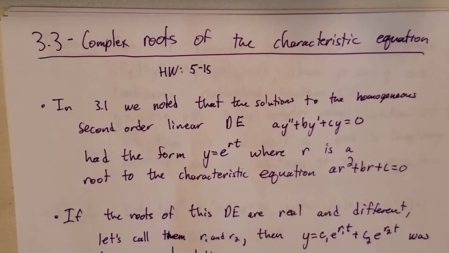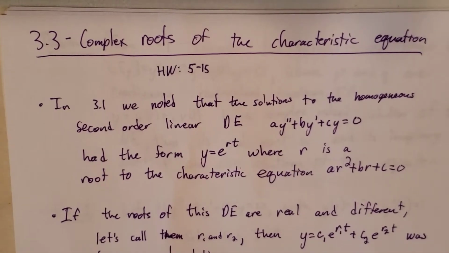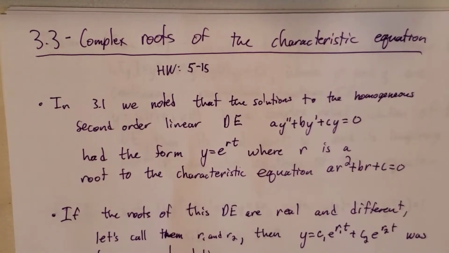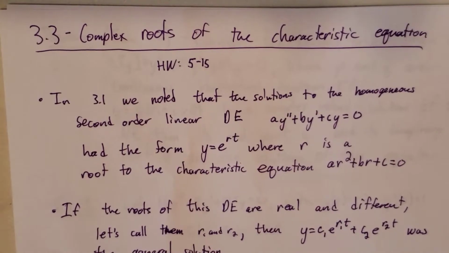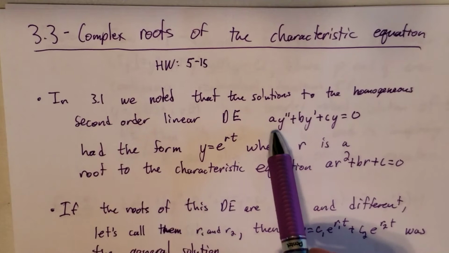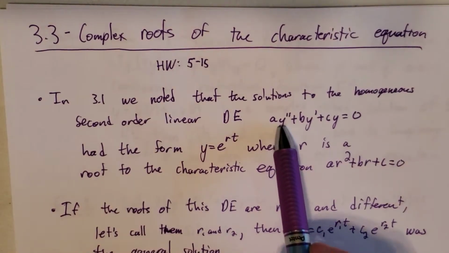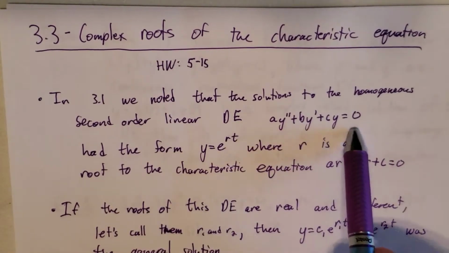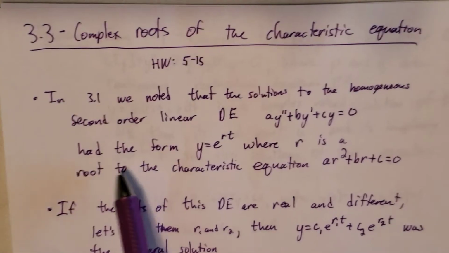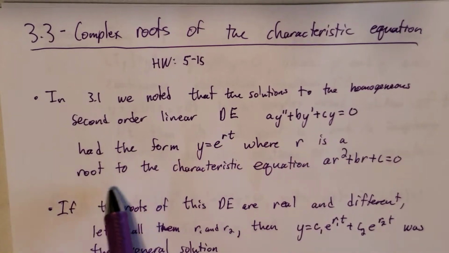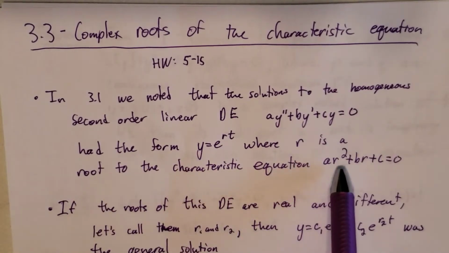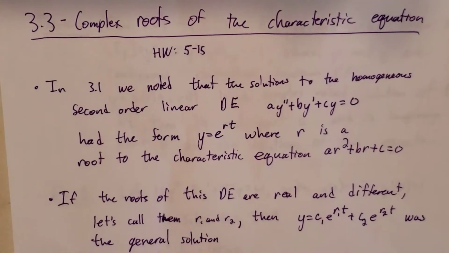Now to get started with this section, a reminder from section 3.1: we noted that the solution to the homogeneous second order linear differential equation, ay double prime plus by prime plus cy equal to 0, has the form y equal e to the rt, where r is a root of the characteristic equation ar squared plus br plus c equal to 0.